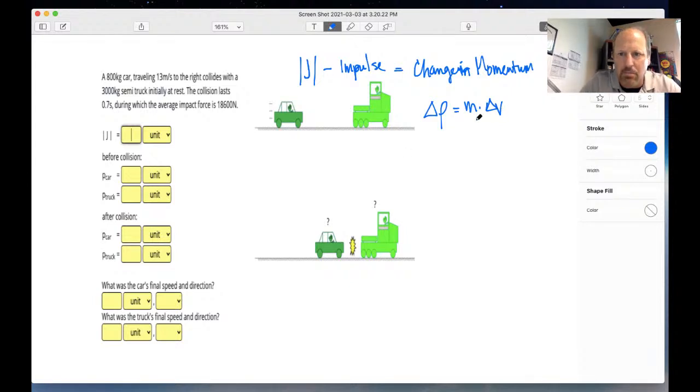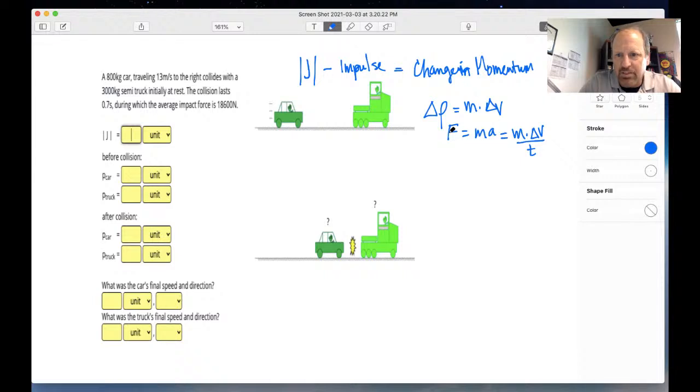Well, if you think about this, force equals MA, and A is change in velocity over time. So, which is equal to mass times change in velocity over time.